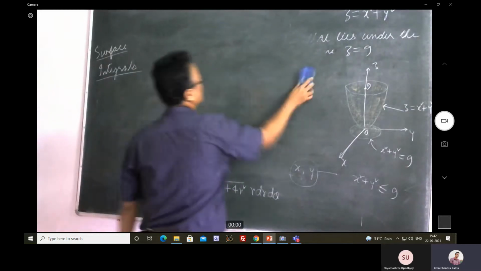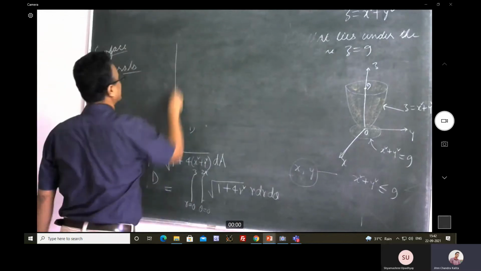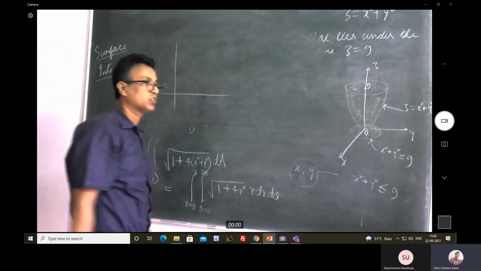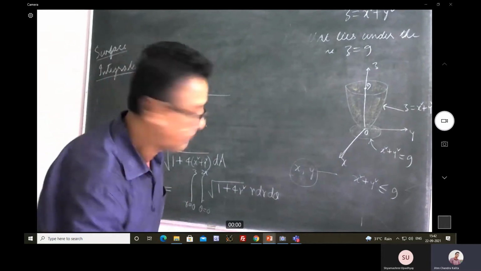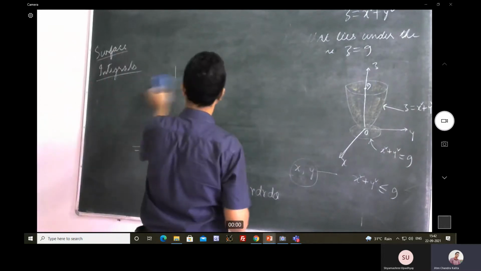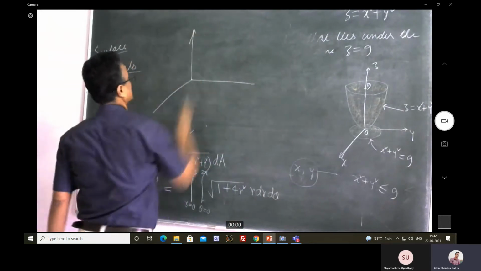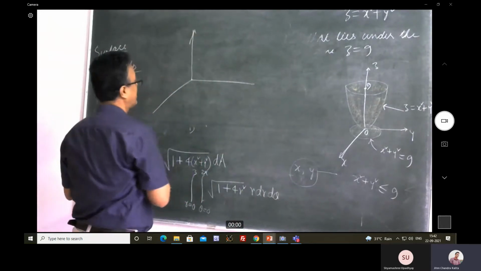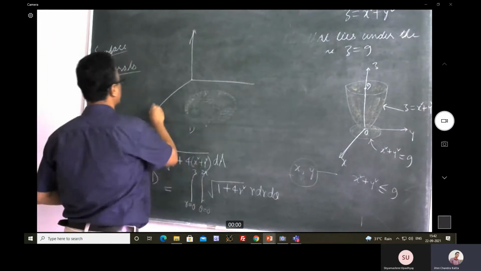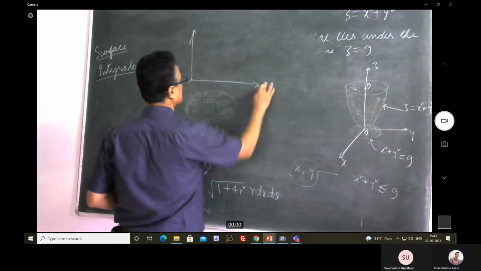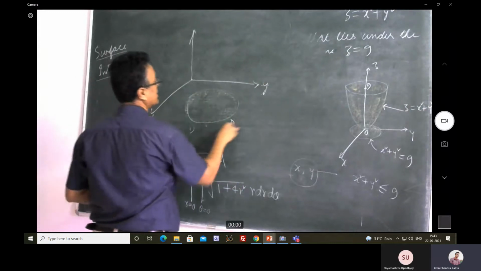In multiple integrals, when we consider a function of two variables, we had some domain here in the xy plane. Say suppose this is D.